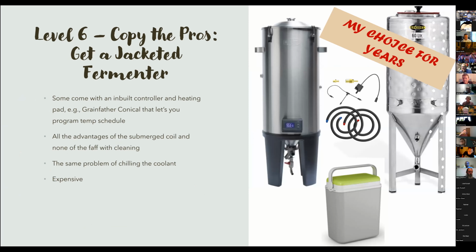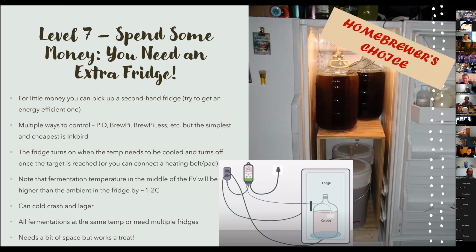Right. So, fermentation fridge. You can pick up an extra fridge for quite a little bit of money. You can go as involved with the actual control of your fermentation as you want, or as simple. I think Inkbird is still my choice if I would want to go this route.